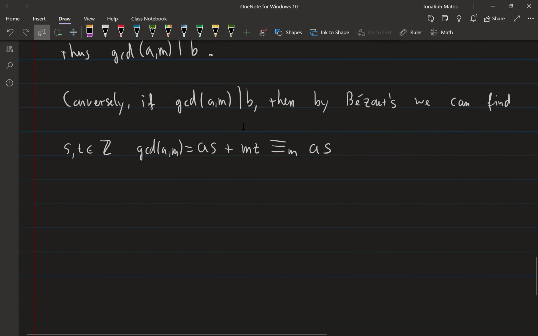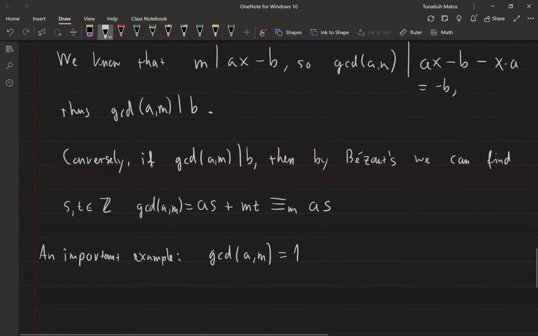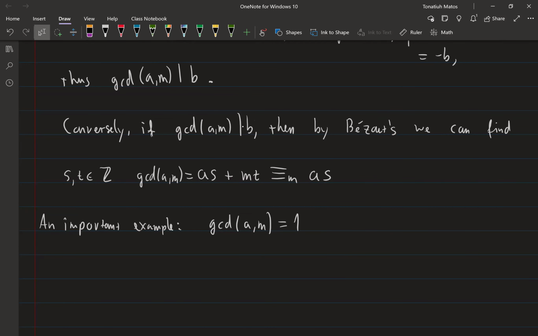In the meantime, let me give you an important example that maybe tells you how to do this. Important example. Suppose that the greatest common divisor between a and m is 1. So if these two are co-prime, then according to the theorem, ax equals b always has a solution.